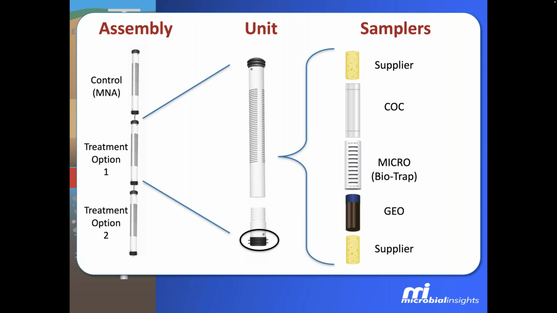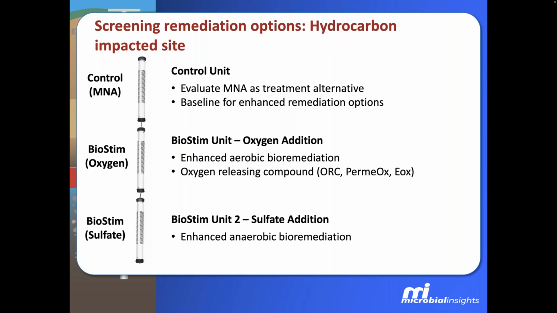Notice that these in situ microcosm units are separated from each other by baffles so that there's no crosstalk between the different units. So just to give you an example here, what might we be looking at for a hydrocarbon impacted site? Perhaps we would have 3 units, one being our control with no remediation amendment. And here in this example, we have one treatment option, which is using an oxygen release compound.